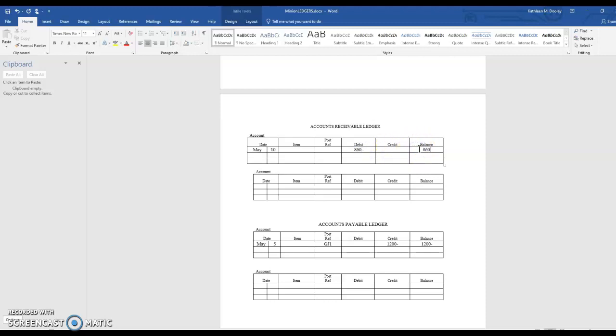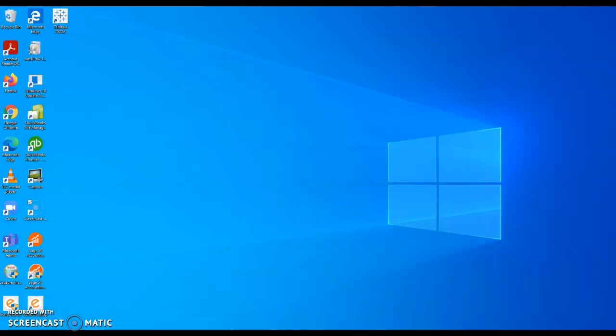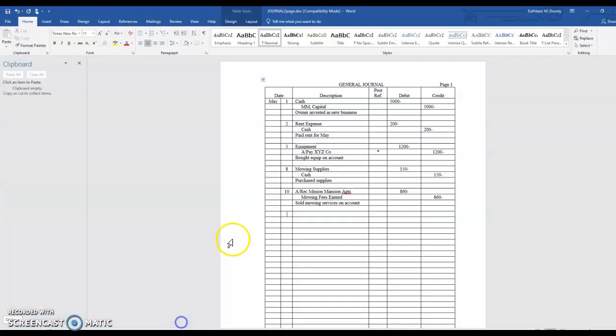And our new running total balance that the apartments owe us is $860. Where did this come from? GJ, page 1. And we go back to post reference of the journal, put our little asterisk to show yes, we did post it to Minion Mansion Apartments, even though we haven't posted it to accounts receivable yet in the general ledger.